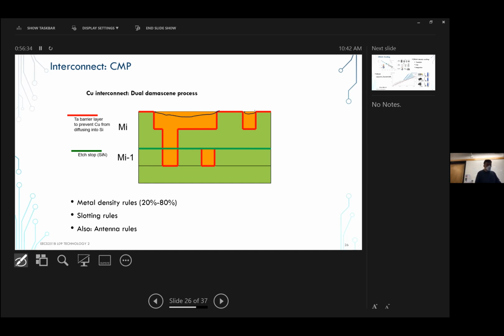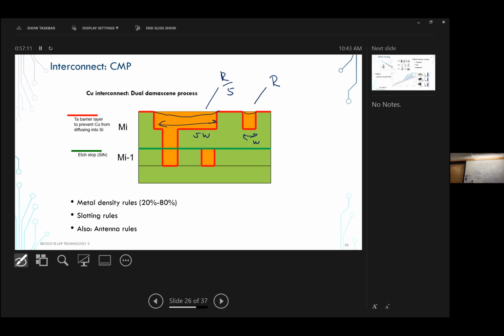Depending on how much of a copper area is exposed, we'll see more or less dishing. So a thinner line will be affected less than a wider line. If this line has a width of W, and this one is 5W, and the resistance of this line is R, this one is supposed to be R over 5.